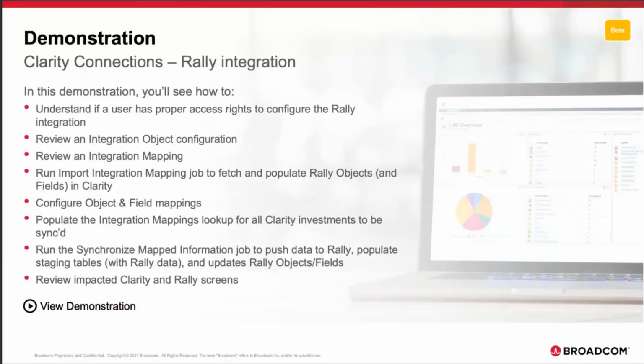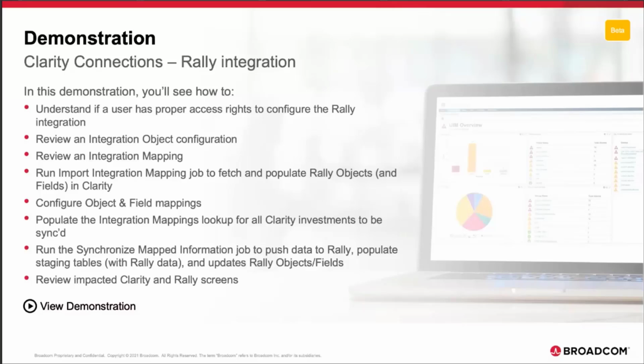In the demo here, you're going to understand if a user has the proper access rights to configure the integration. We're going to review an integration object creation, the integration mapping. We'll run the import mapping job to prefetch the information from Rally. We will go through the object and field mapping configuration.